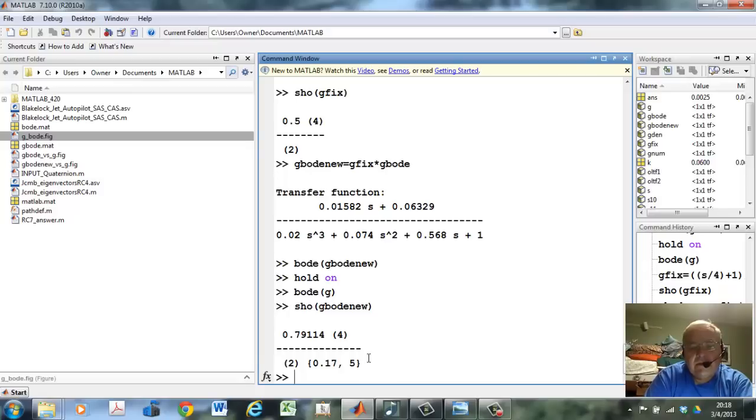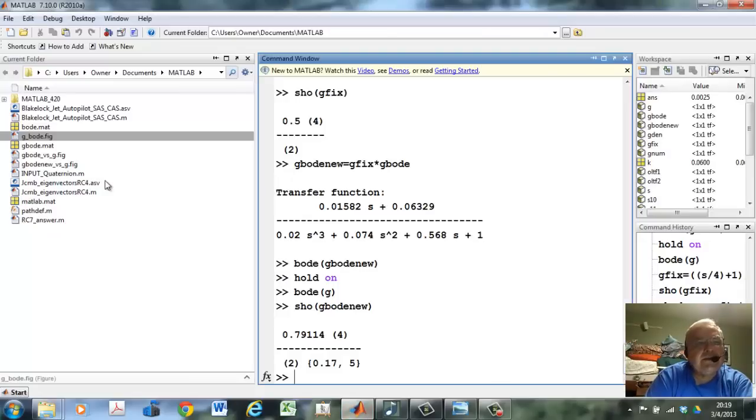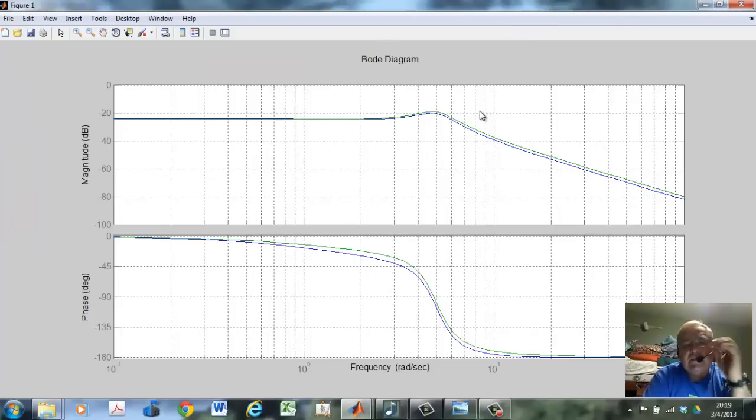Now here's the thing. I really only need to match at crossover. That's the crucial place for me to match. So on my transfer function, as long as I'm matching, assuming that I'm going to put my bandwidth somewhere over here and raise the gain, if I'm going to do that to the Bode plot, then I'm going to want this area here to be a good match.